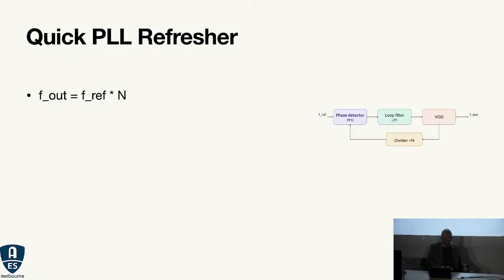So if we're running 48 kilohertz in, if FREF is 48 kilohertz, and we want M clock to be 1024 times that, which is 24.576 megahertz, these are very typical audio clock frequencies, then N is 1024, and you multiply up that 48K up to the M clock frequency.